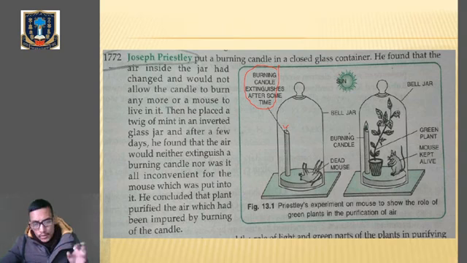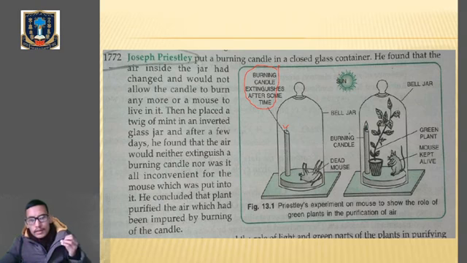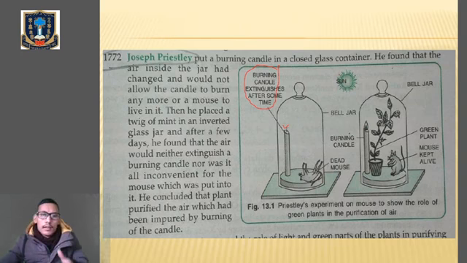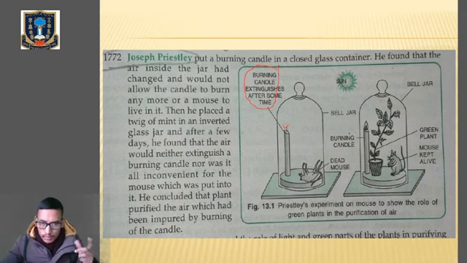So when the candle was burning inside the glass container, the burning candle changed the quality of the air inside the glass container, and it did not allow the candle to burn continuously, and the mouse placed inside that glass container also died. Clear?